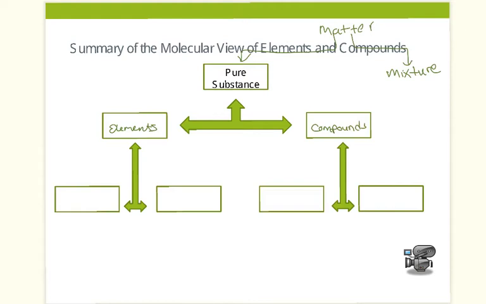Elements here are going to be subdivided one more time. Elements can either be atomic or they can be molecular. And our atomic elements are usually found as single atoms right off the periodic table, like our mercury or our neon.